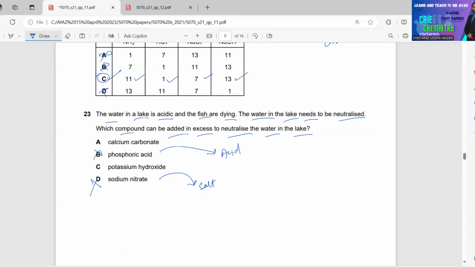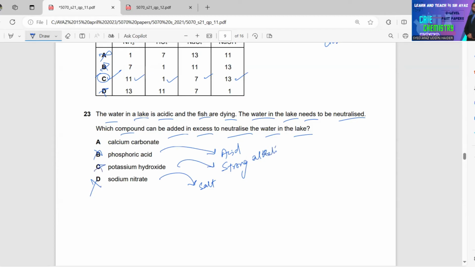So now you are adding in excess. If you are adding in excess, which means that you must be getting the higher amount of the reagent you are adding in order to cancel out the effect of acid. So if you add this potassium hydroxide, it's a strong alkali, so a strong alkali means it will increase the pH.